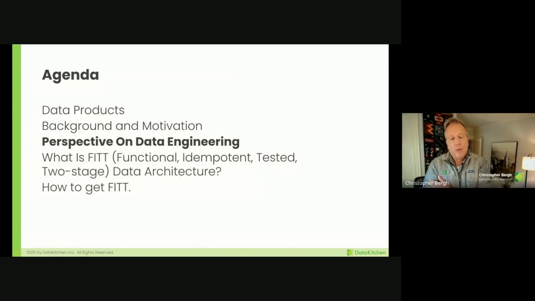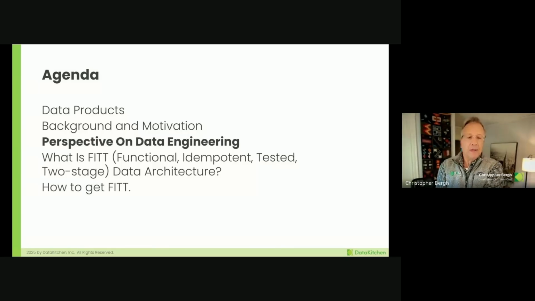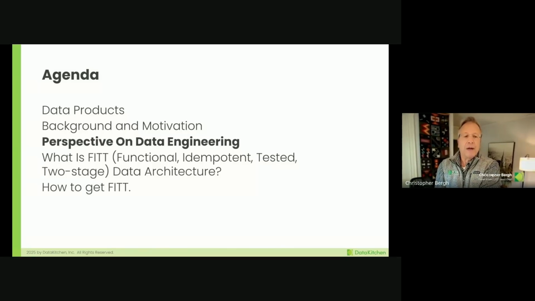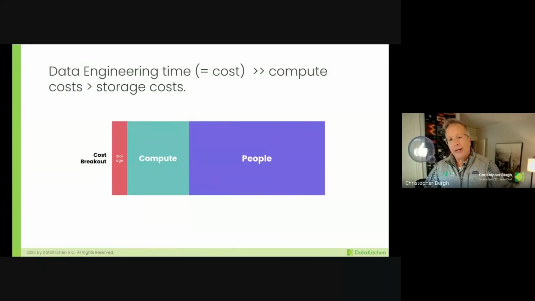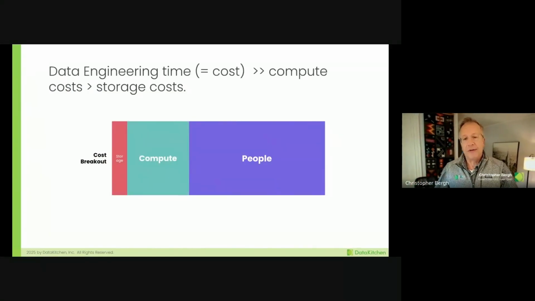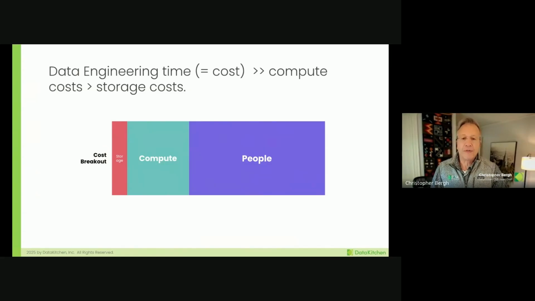So lastly, given all these perspectives and our background, what's our perspective on data engineering? The first thing is, if you look at the entire cost of delivering value to your customer, you add up all your costs over a year for a data engineering team, and I think this also applies to teams that have analysts, any sort of data and analytics team.